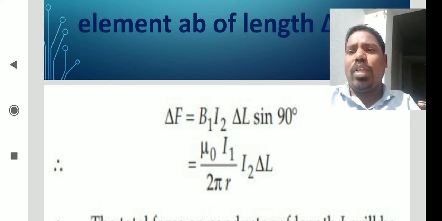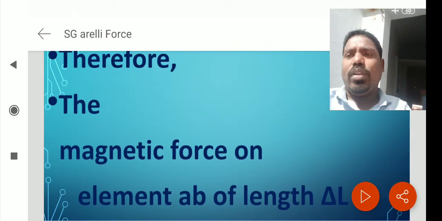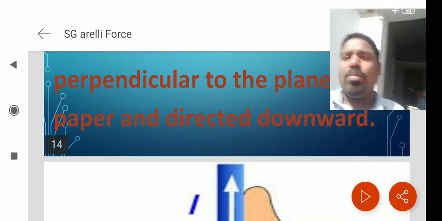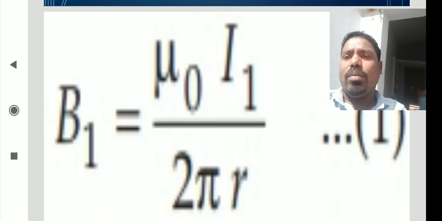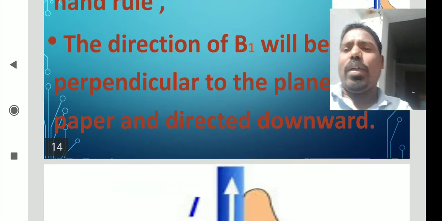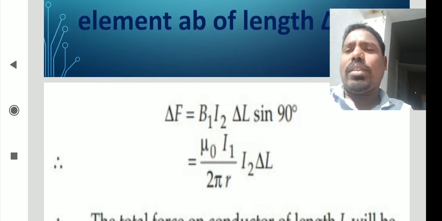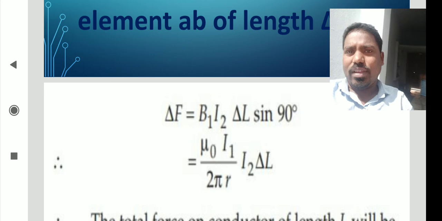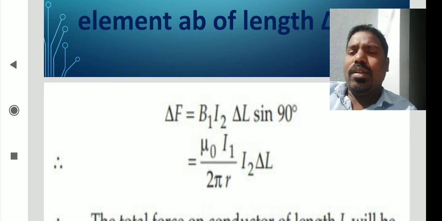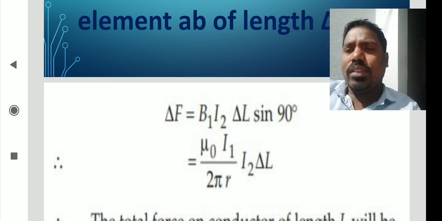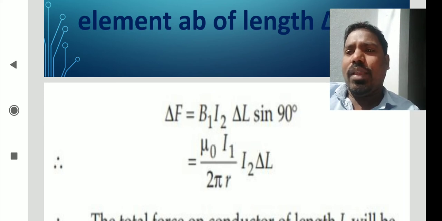Then replace the value of B1. B1 is nothing but, as we already took, mu naught I1 by 2 pi r.